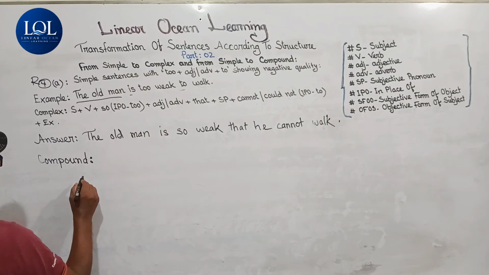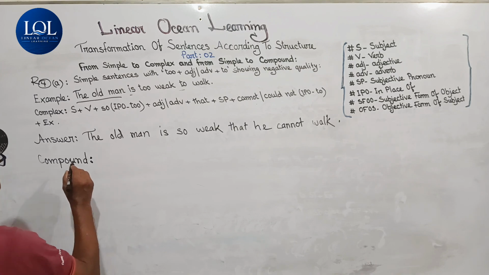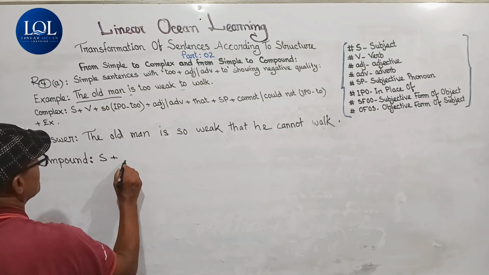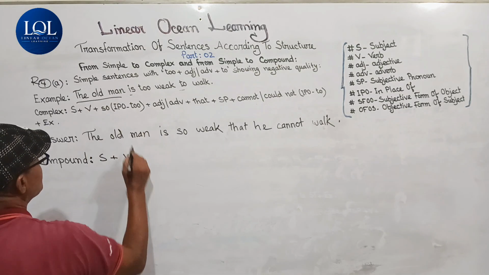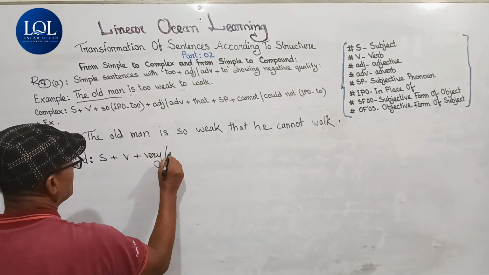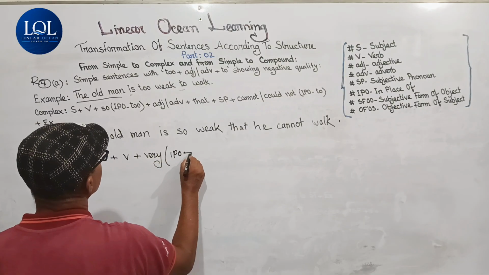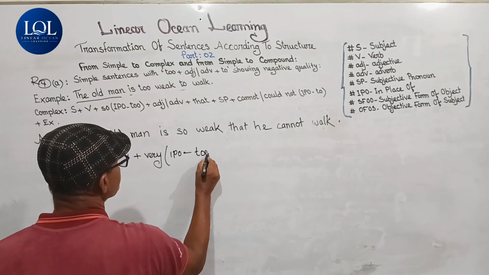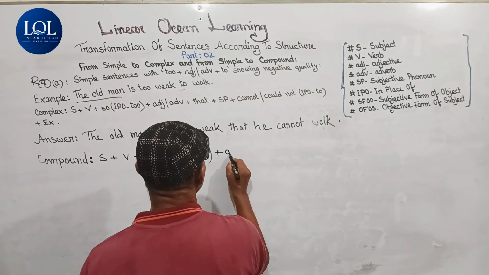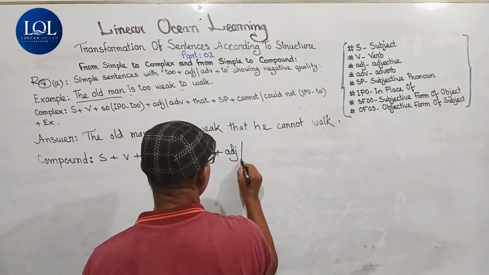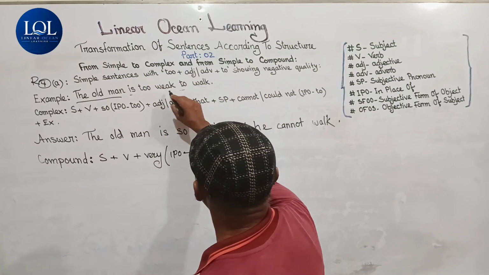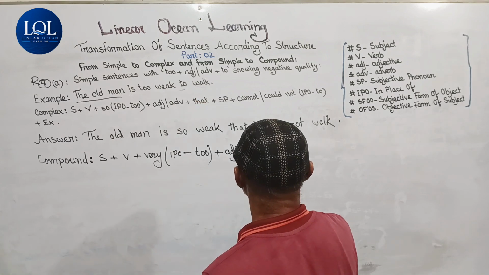Now, if we want to transform it into compound, the structure we have to follow is: subject, the old man, verb is, IPO "to", very plus adjective or adverb. Here adjective is weak.